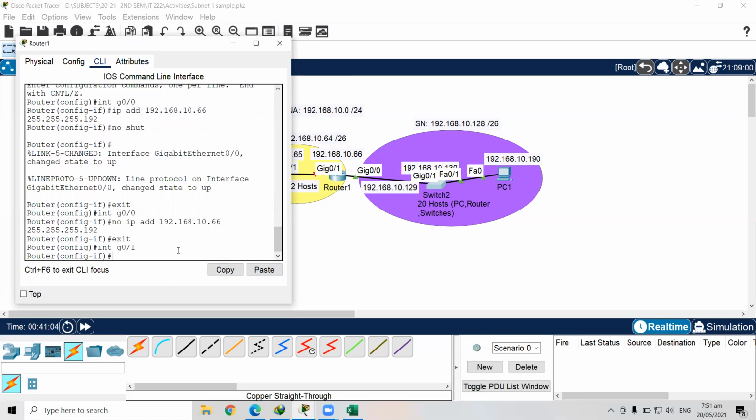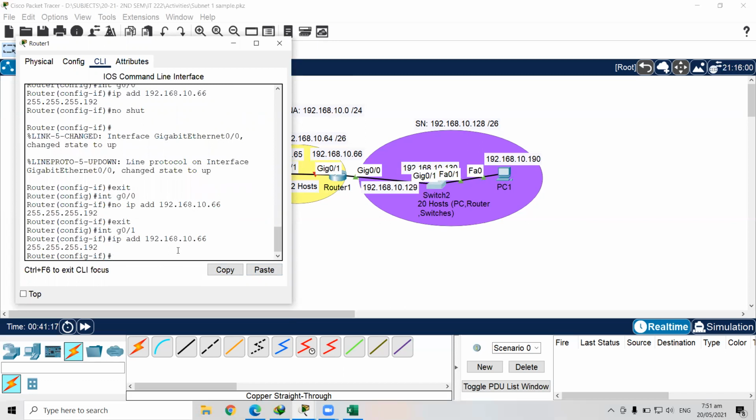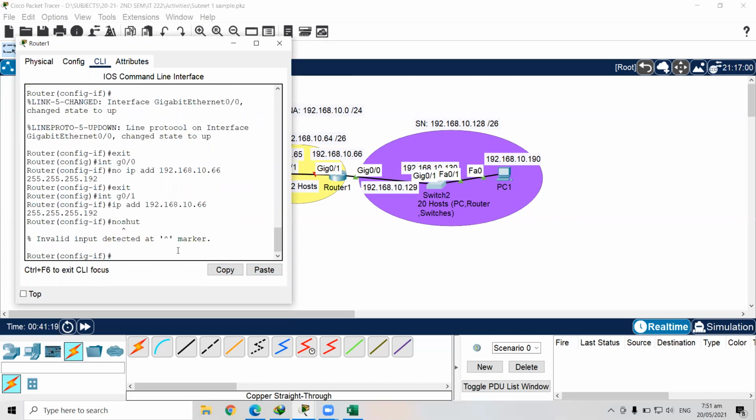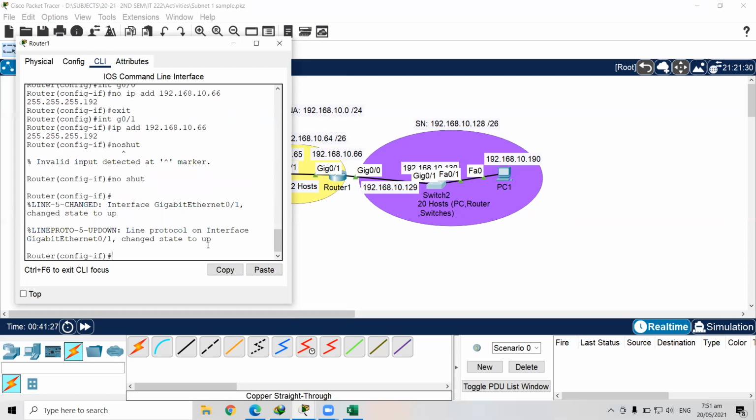IP add 192.168.10.66, 255.255.192. No shut. Sorry. Ayan, nag-green na siya. So dito nga side, balikan ko to. Exit ko muna.